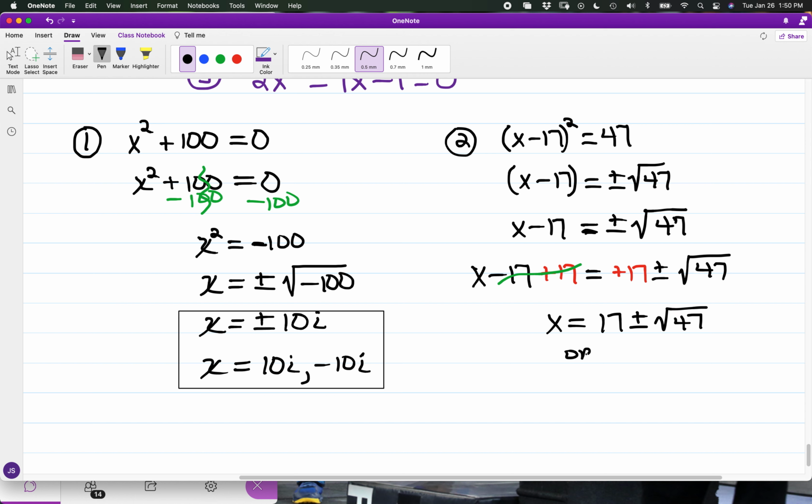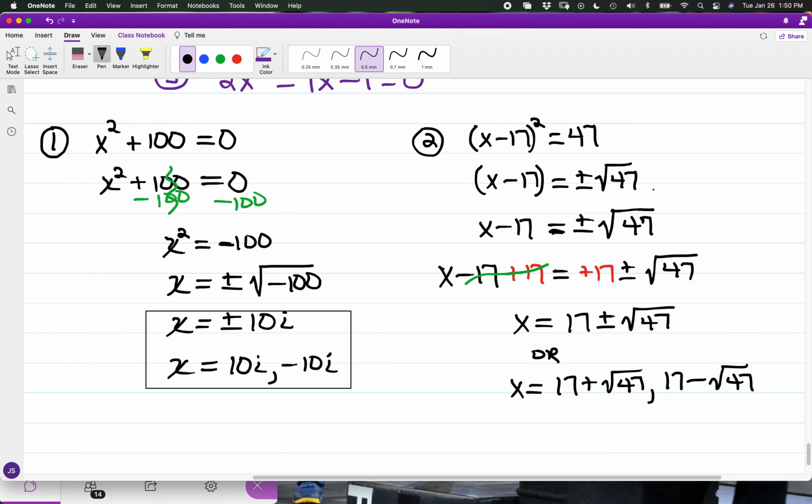And if I put it in itemized terms, notice we have real solutions throughout. So I have 17 plus the square root of 47, as well as 17 minus the square root of 47.